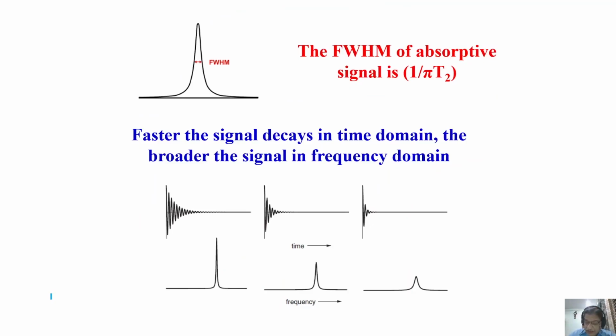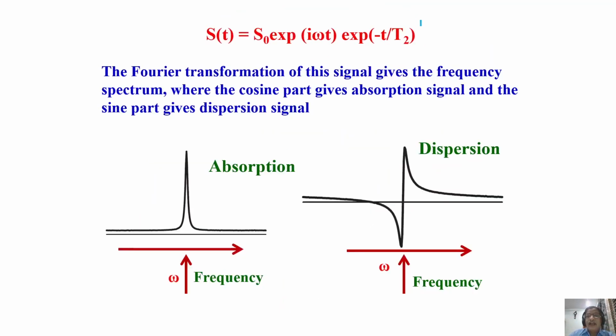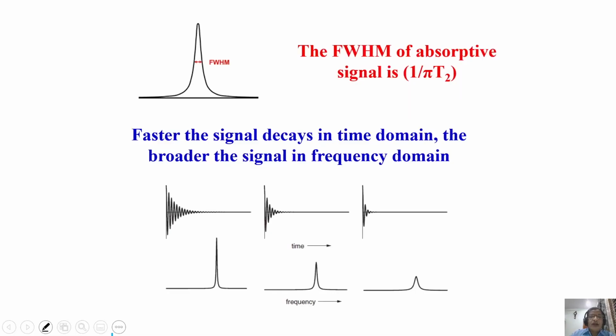Now, I said this has an exponential function, e to the power of minus t by T2. I also said that in the Lorentzian, it depends upon the full width at half maximum.